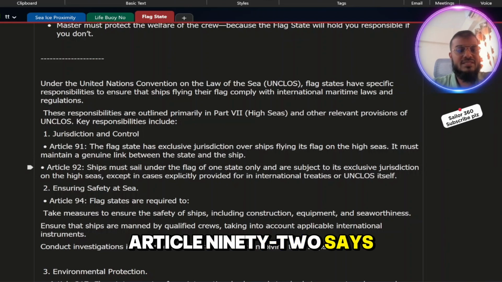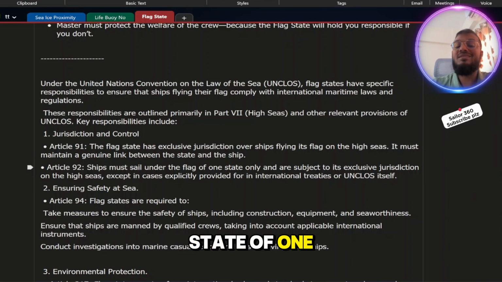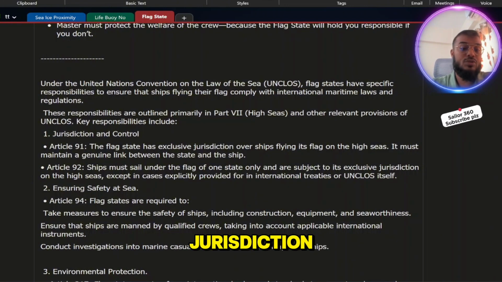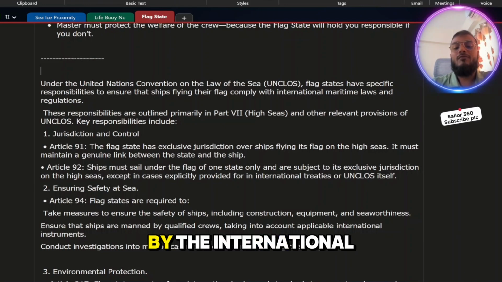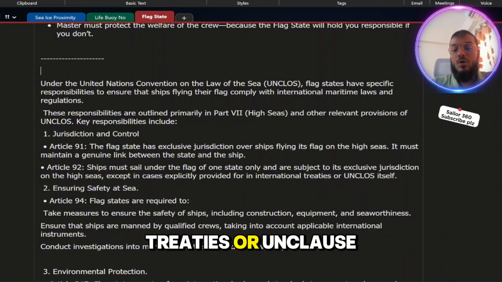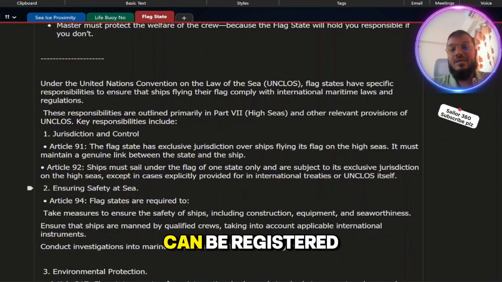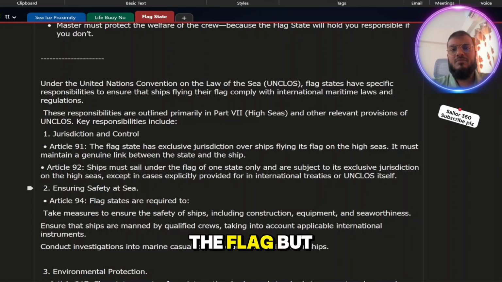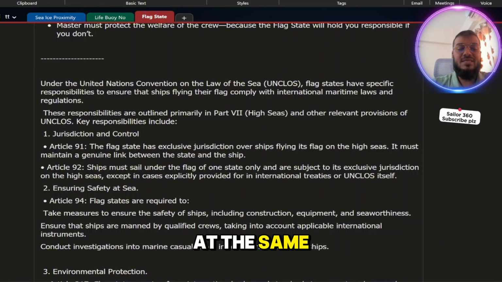Article 92 says ships must sail under the flag of one state only and are subject to its exclusive jurisdiction on the high seas, except in cases explicitly provided for in international treaties or UNCLOS itself. Meaning, a ship can be registered under only one flag. They can change the flag, but they cannot remain under two flags at the same time.